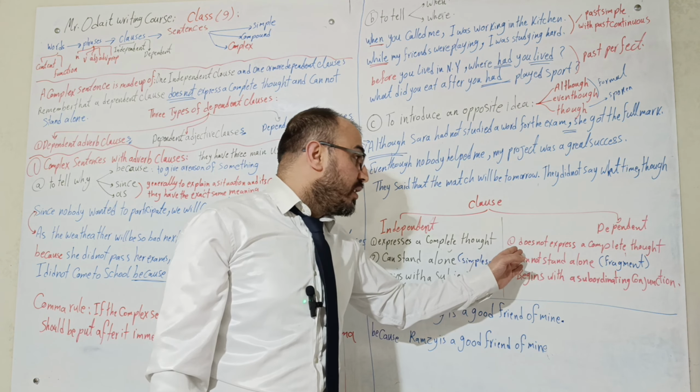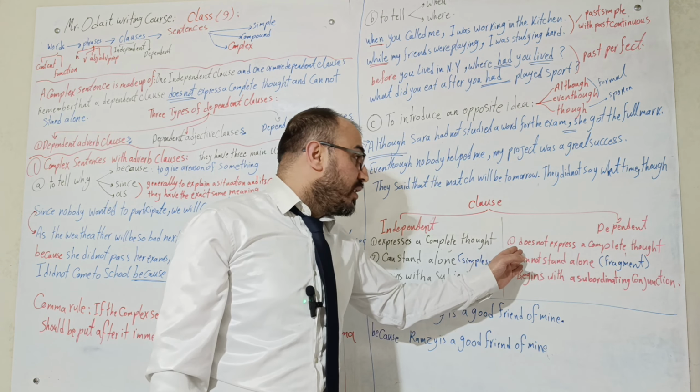Today, my friends, we are going to talk about complex sentences, and as we all know, a simple sentence is one independent clause, while a compound sentence is two or more independent clauses.